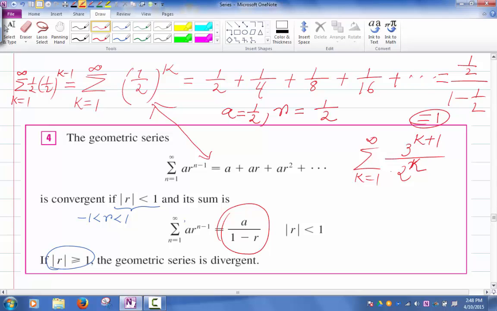Well, first of all, I'm going to think of this as k going from 1 to infinity, 3 times 3 to the k divided by 2 to the k. Can I think of this like this? You guys agree with that? Let's take the 3 outside.